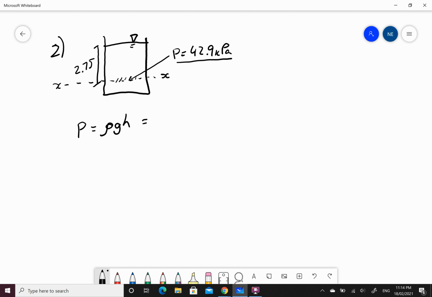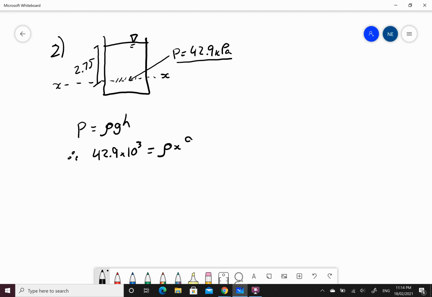Alright, let's erase that. So therefore, I know my pressure, 42.9, 10 to the 3 gets it to pascals. It's equal to, sorry, we're trying to work out the density.